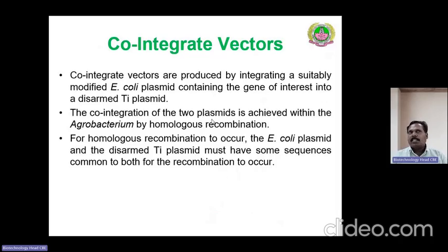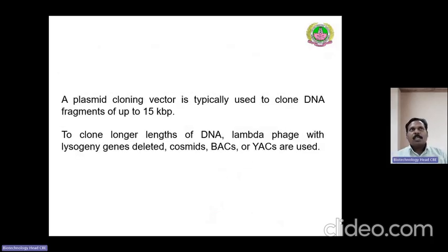Co-integration of two plasmids is achieved by a process of homologous recombination. For homologous recombination to occur, the E. coli plasmid as well as the disarmed Ti plasmid must have some sequences which are common to both. A plasmid vector is typically used to clone DNA fragments of up to 15 kilobase pair.